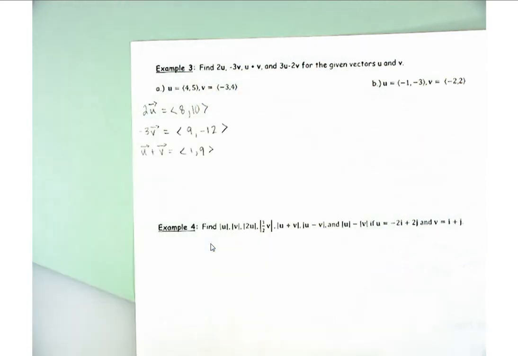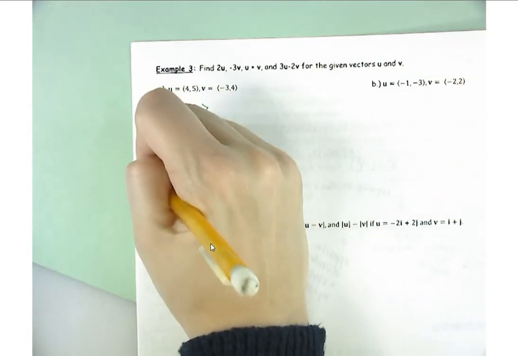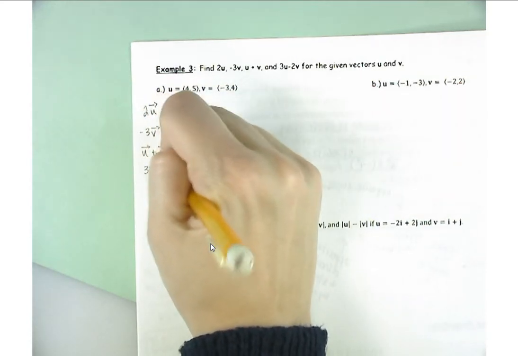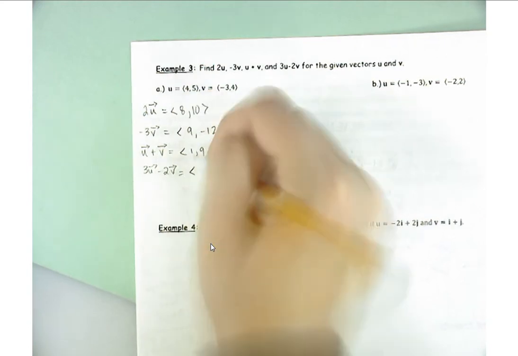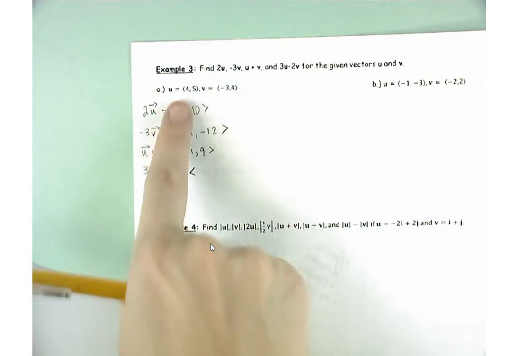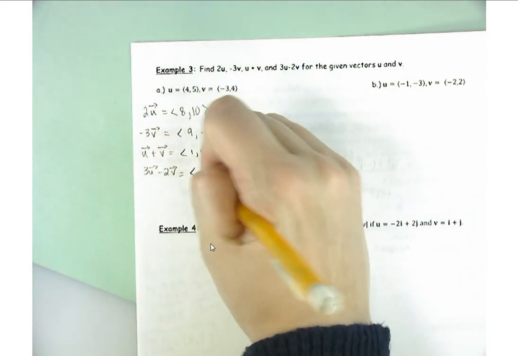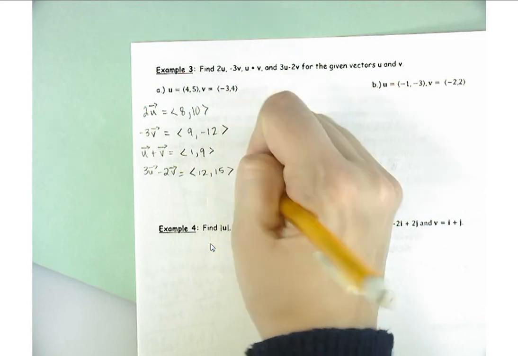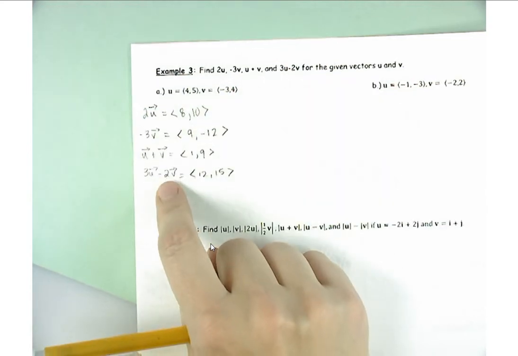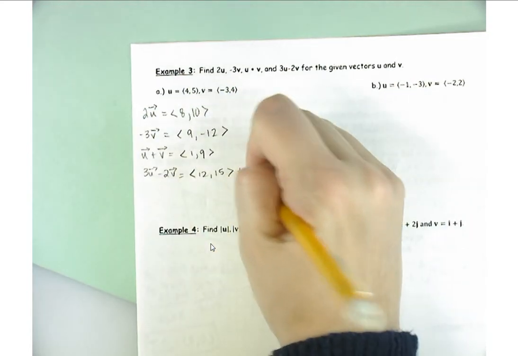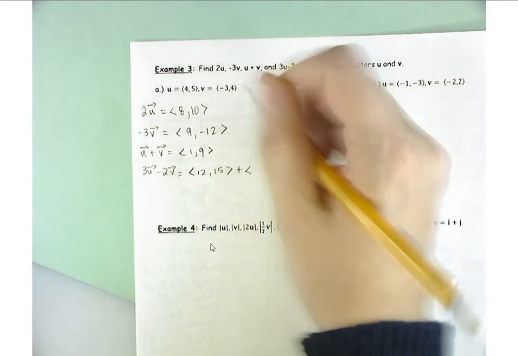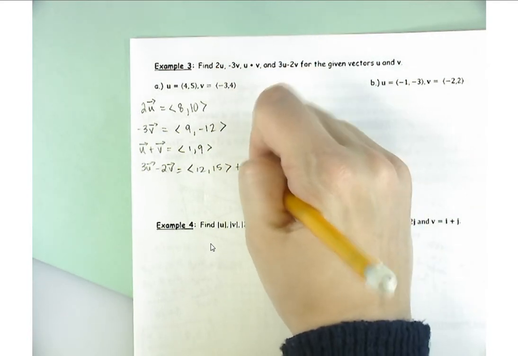Okay, and then for the last one, when you're doing 3u minus 2v, what I like to do is distribute first. So I'll do the 3 times u, which would be 12, 15. And then I actually distribute the negative with it, so I turn this to a plus. And if I distribute the negative, then I'm going to have 6, negative 8.